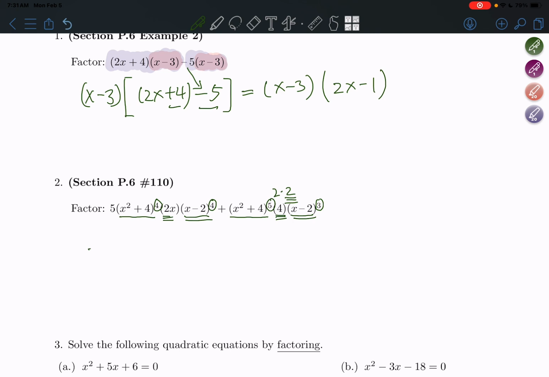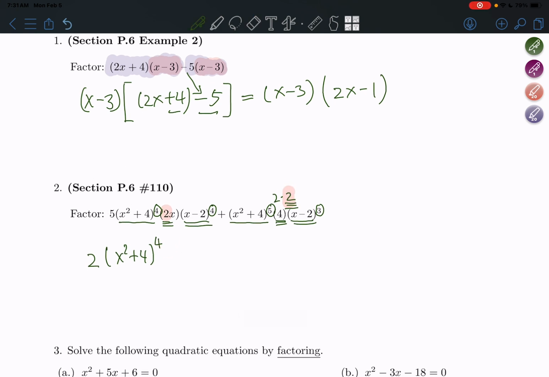So I have 1, 2, because I got 1 here and 1 there. I have x squared plus 4 to the 3rd power, because I have x squared plus 4 to the 4th power, because I got 4 here and then I got 5 here.